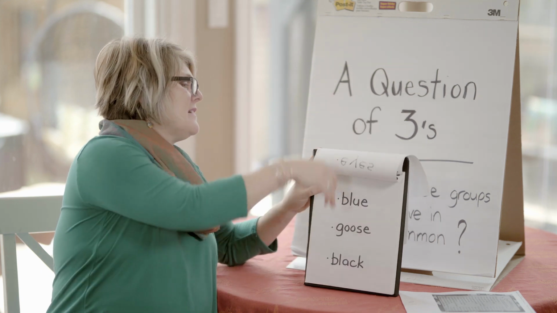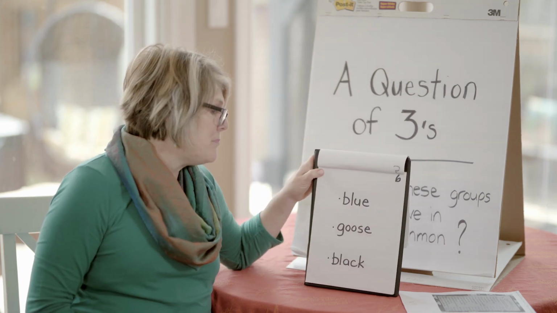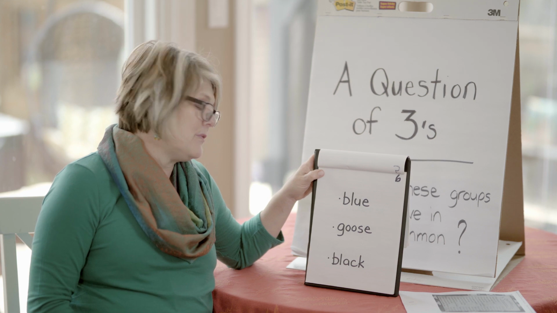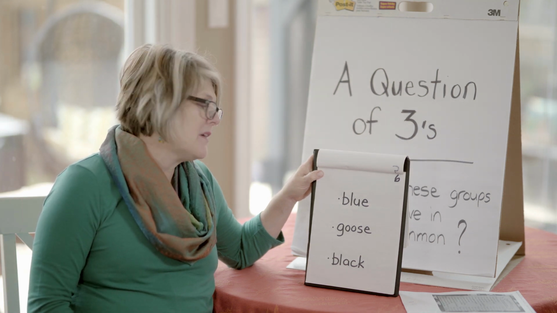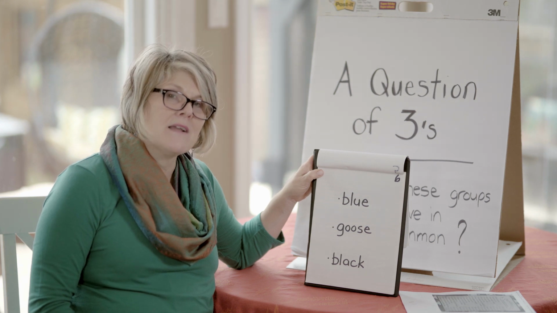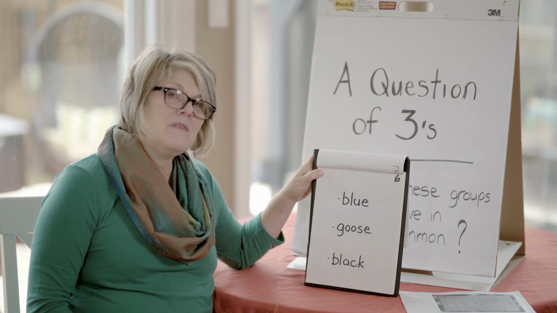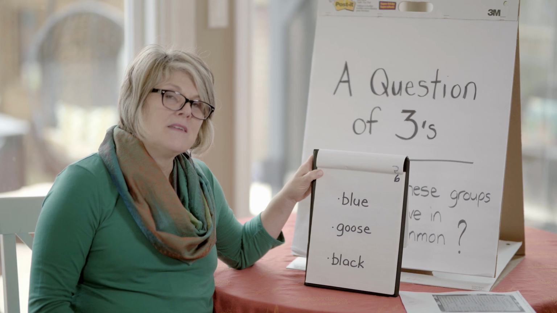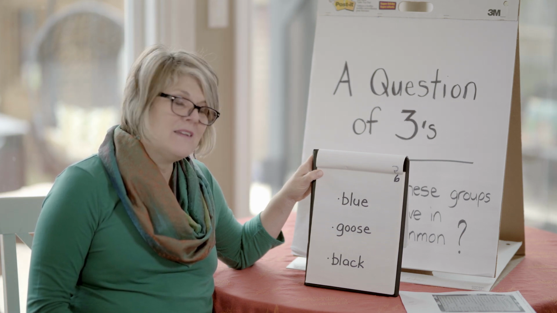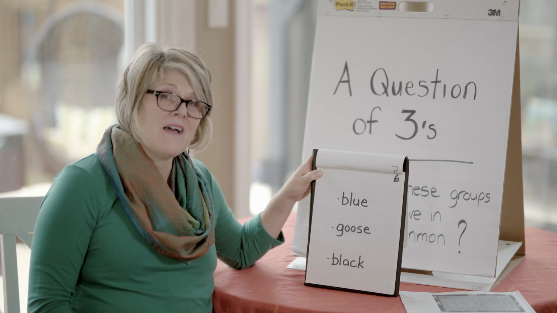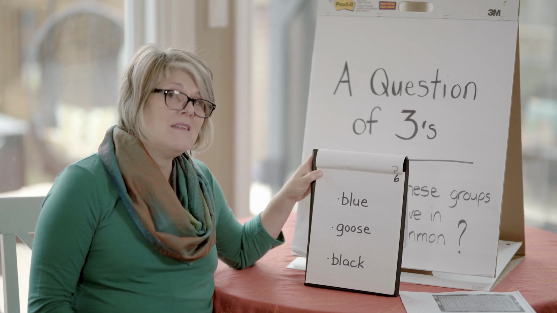Okay, number 6. Blue, goose, and black. Blue, goose, and black. What's in common about these 3 items? All right, little hint. Jam for anyone? They are all types of, cameraman?